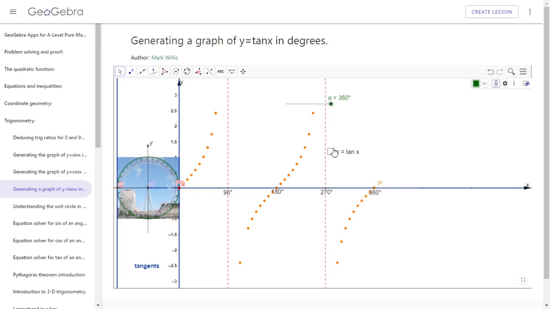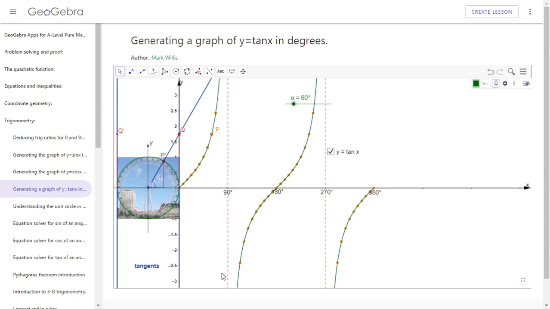Okay. Tan x is probably the hardest one to think about, but as long as you know the graph, that is the important bit. But that's where it comes from, this idea of a tangent on the edge of the circle, and how long does that tangent need to be to intersect this line. And there we go, that's what the tangent graph looks like.